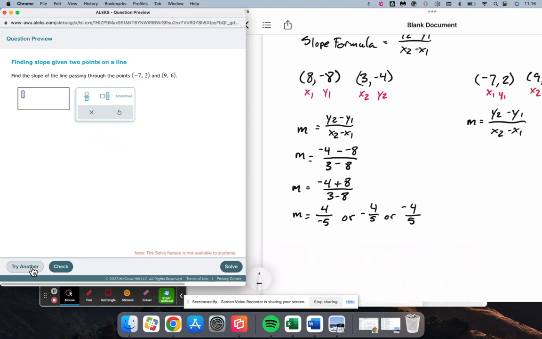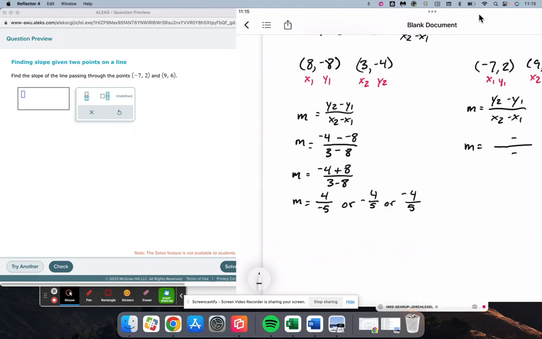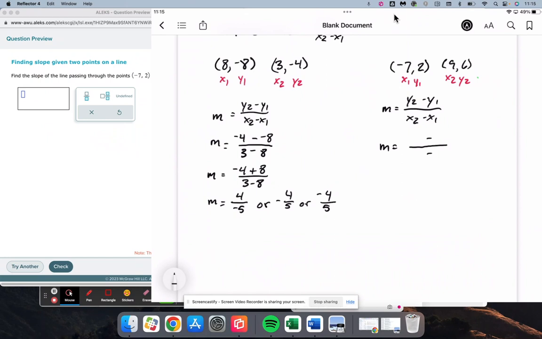And then we just put those numbers in and do a little bit of math. So we've got m is equal to, again, super important, put your minus signs in the template. And so we will have y2 is 6, y1 is 2, x2 is 9, x1 is negative 7. And so if you don't put that minus sign in the template right there, you might accidentally write 9 minus 7 instead of 9 minus negative 7. Be very careful about that.